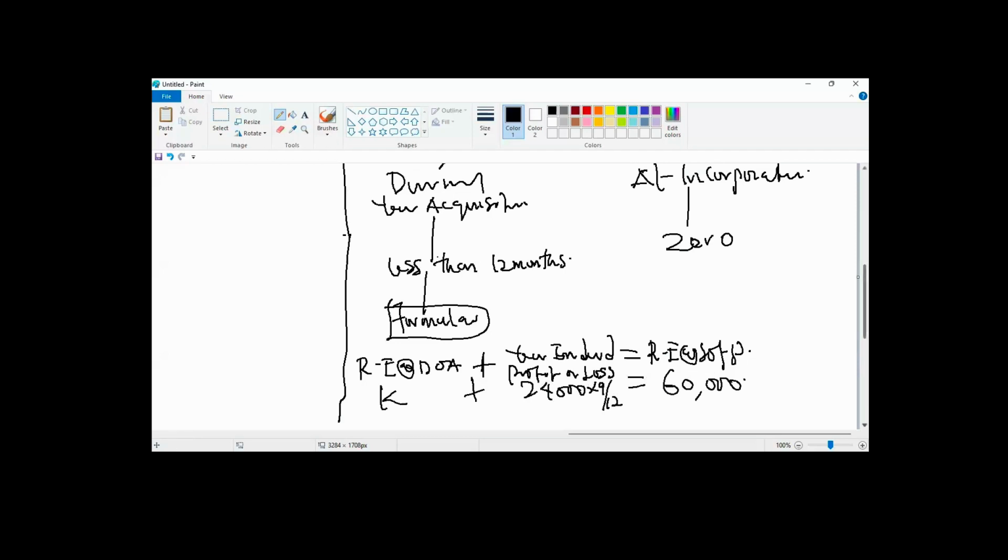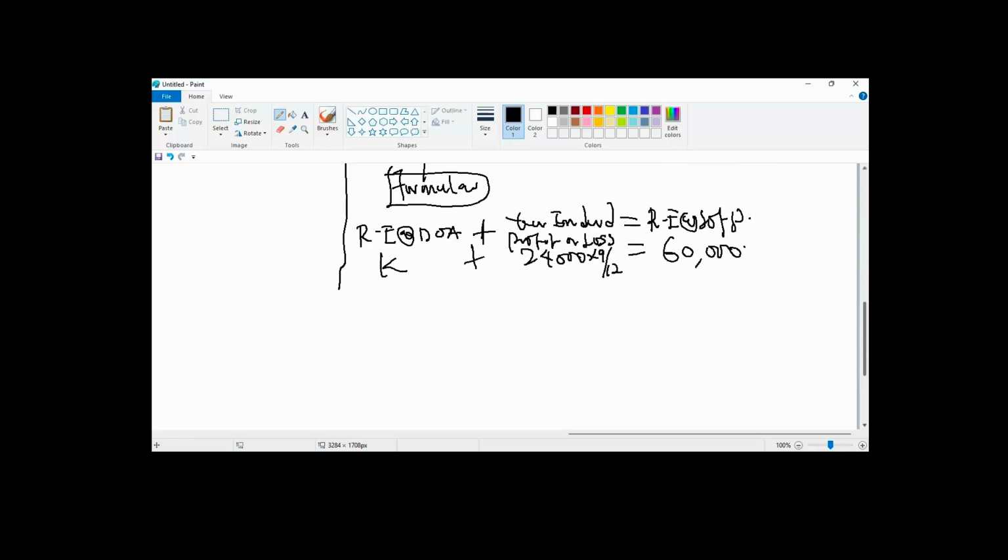This is the formula we apply. I will remove the post: 24,000 times 9/12. And that's okay. K plus 24,000 times 9/12.